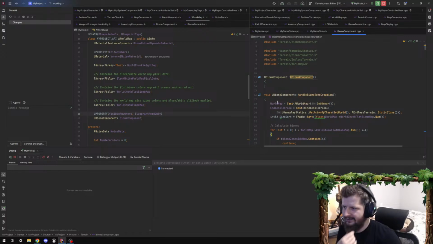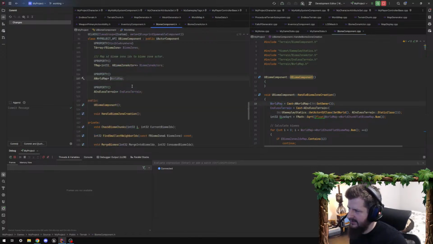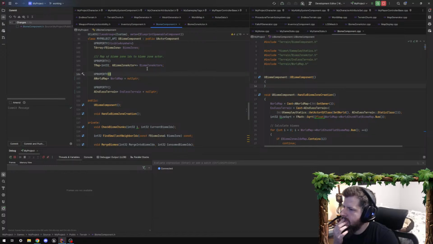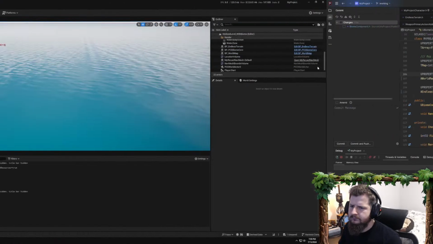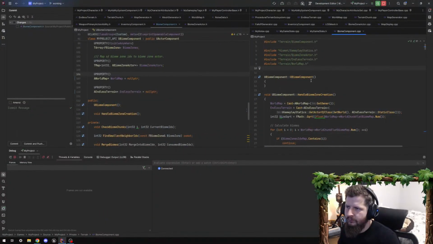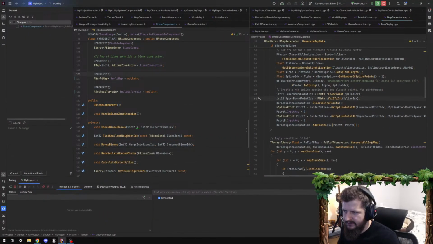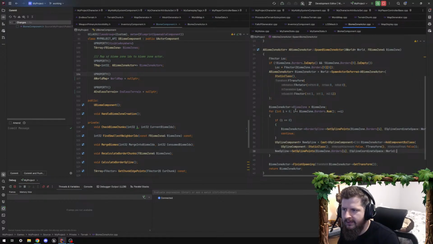Yeah, I know they're not initialized. I guess to get that linter warning to go away, you have to set them equal to null pointer, right? Okay, so what am I going to do next? I'm going to go into the map generator and make sure that my splines are spline. Wait, hang on. In biome zone component, do I want to make any changes here?